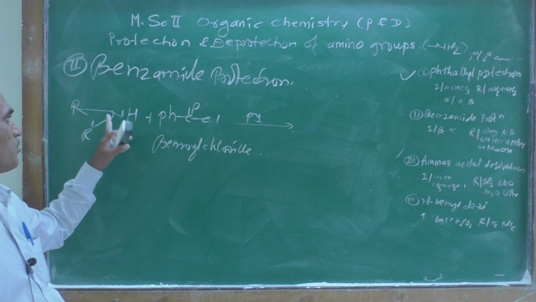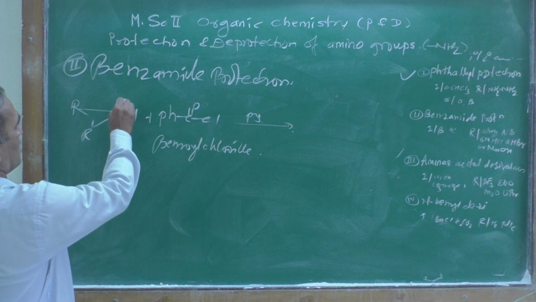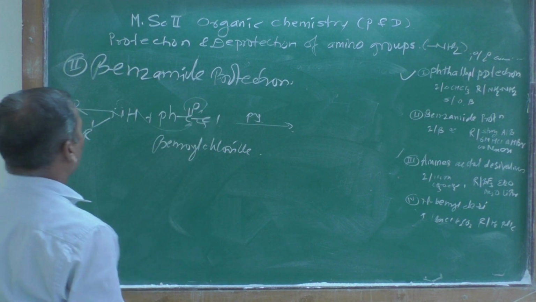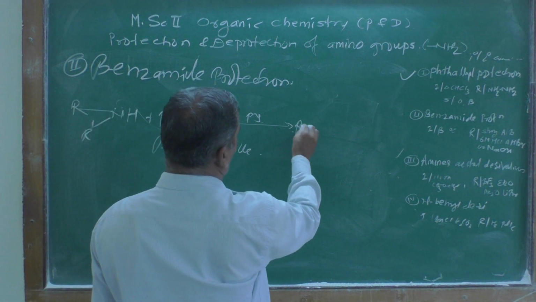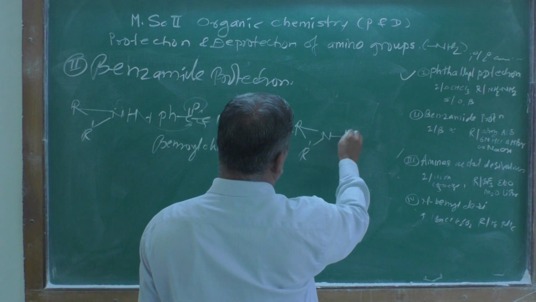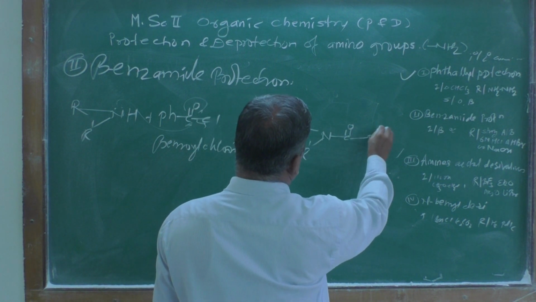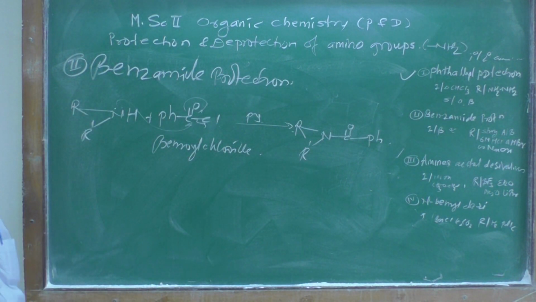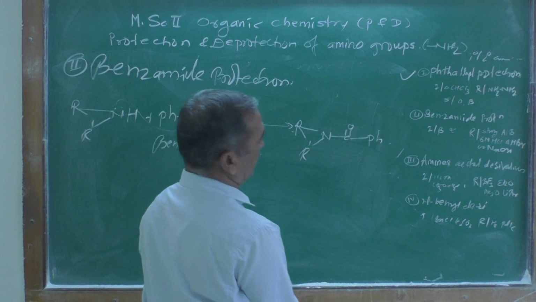Base will abstract the proton, and the negative charge is going to attack that benzoyl group, and you will get the product R-N(R')-C(=O)-Ph. So that is called benzamide protection, and this gets protected.